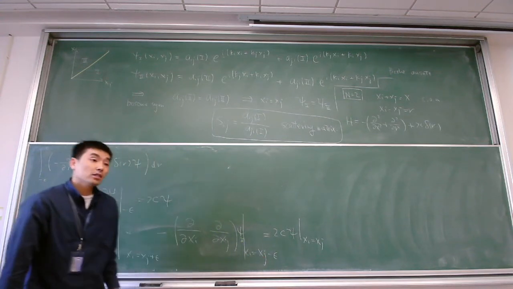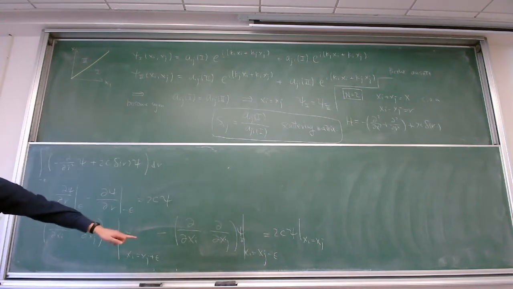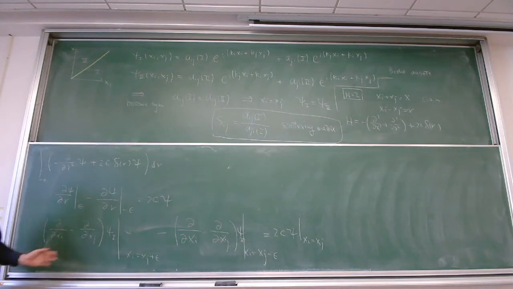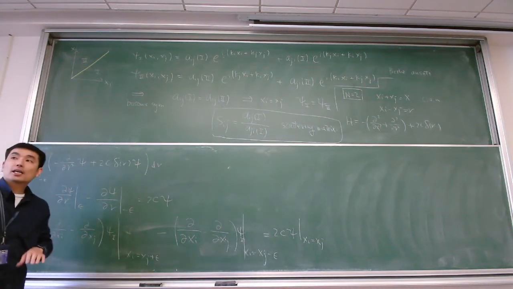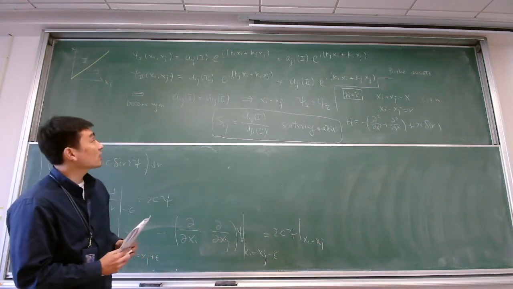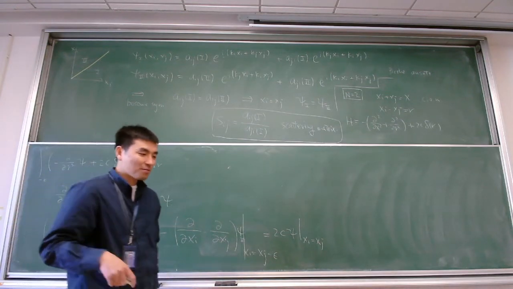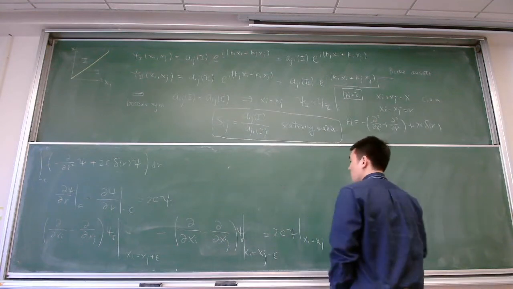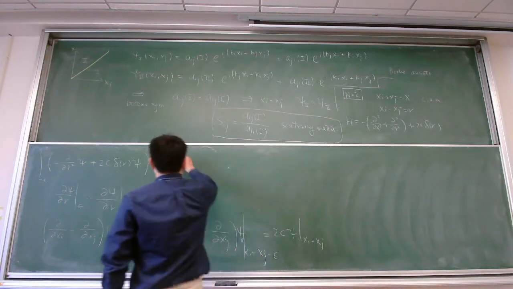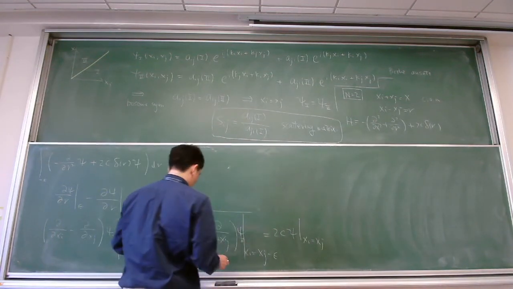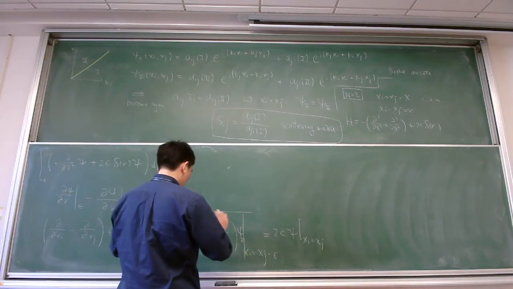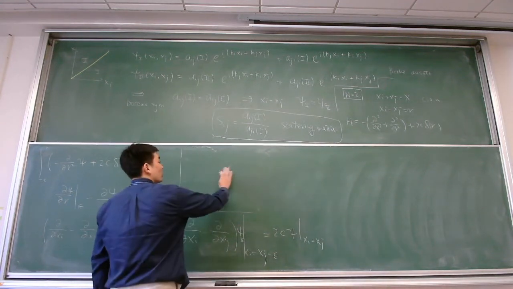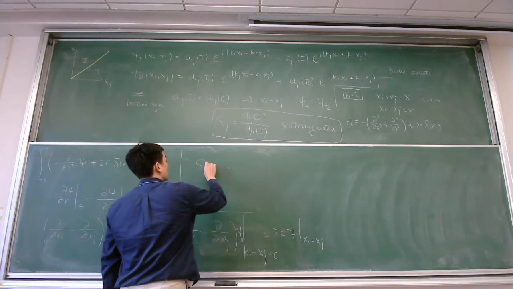So you have to plug psi 2 over there, psi 1 over there, and solve the equation. It's a bit tedious, actually. You have to spend 10 minutes or something. Yesterday I spent 10 minutes to derive this equation. But it's a simple exercise, and I'm not going to do that. If you're diligent enough, you can do the calculation.